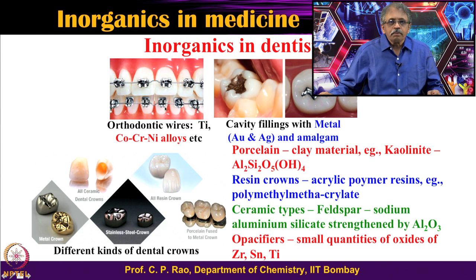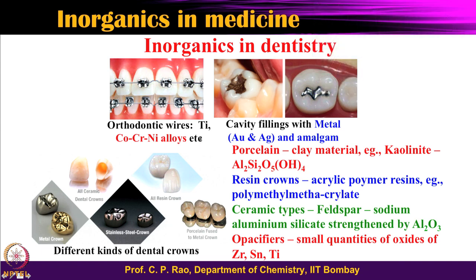So, these wires, people use caps for the teeth. These are also made of metal. So, the metals like titanium, they are mostly alloys, cobalt, chromium, nickel alloys in different combinations. These are used mainly for making the orthodontic wires.